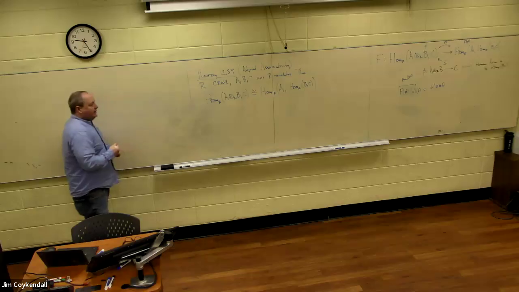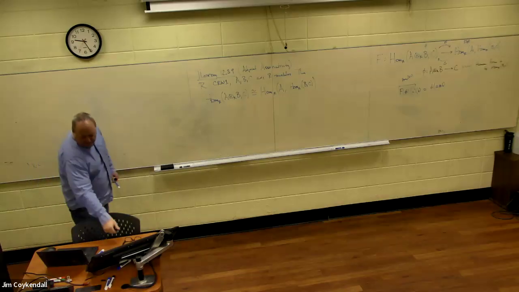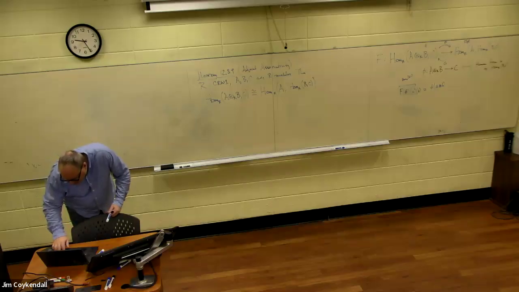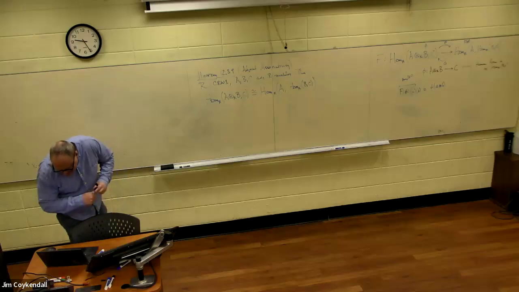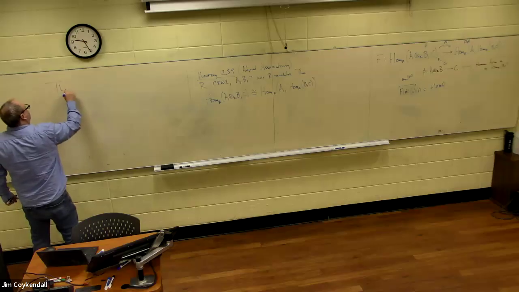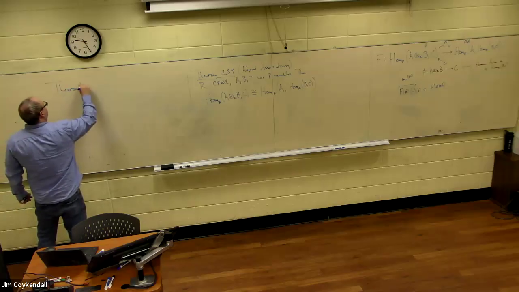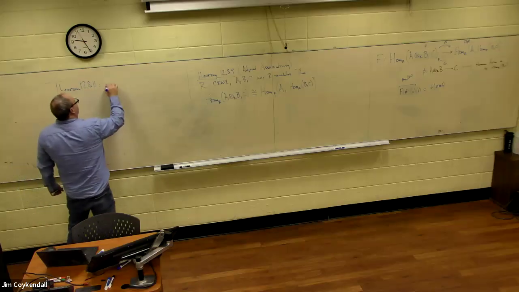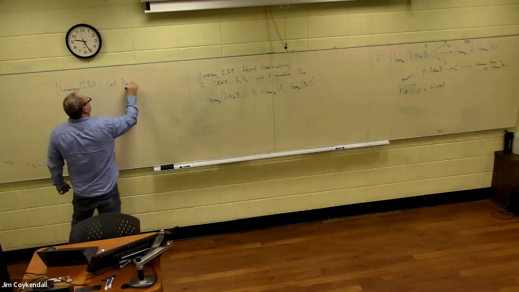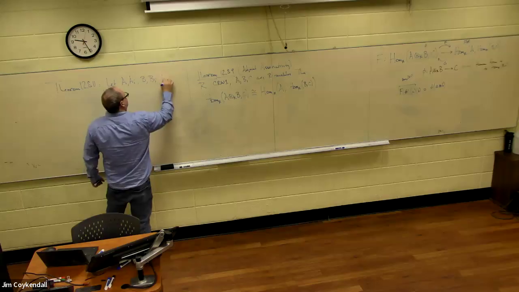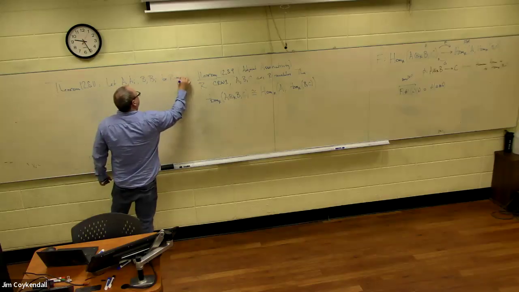Okay. Here's the final bit before we talk about modules over a PID. I'd like you to think about how to prove this too. This is another question. Let A, A_i, B, B_i be R-modules.